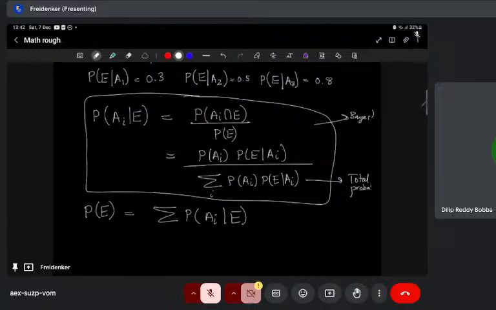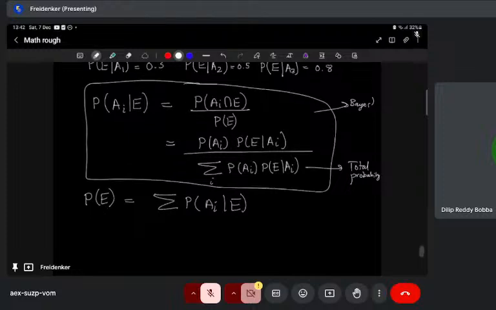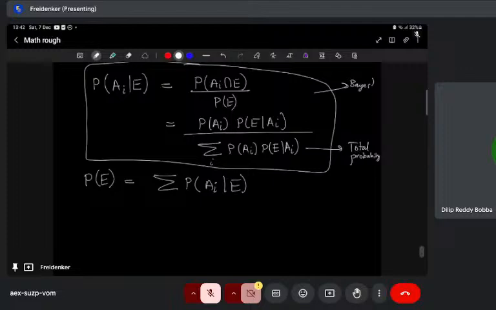Every now and then I look at Bayes theorem. After a few weeks or few months, I'll have to go through this process again because I wouldn't remember what is Bayes theorem. Now it is clear, but after a few weeks, maybe I'll forget.